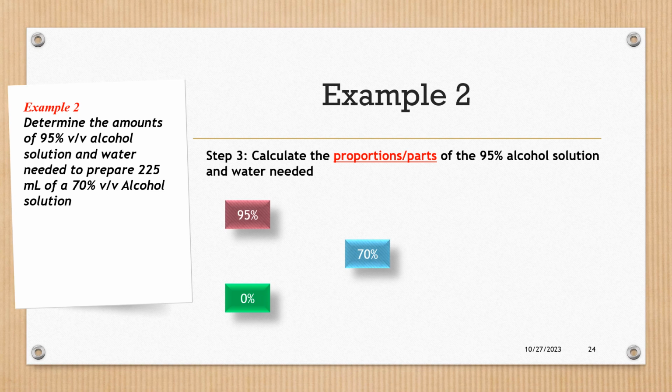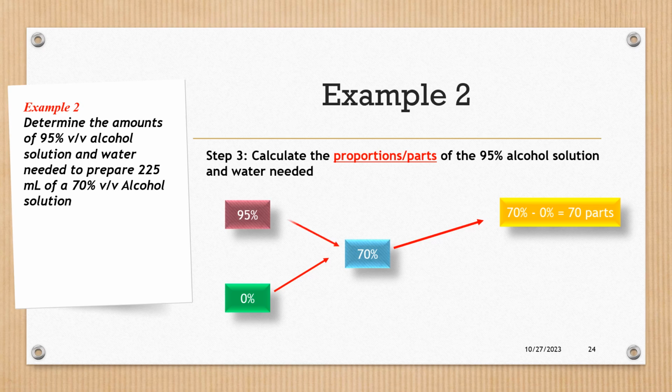We will still do our computation in a diagonal fashion going upward, and in terms of the difference between the strength that we want and our lowest strength, you have 70 minus 0, and that is 70 parts. And then for the 95% going downward, we have 95 minus 70 giving us 25 parts.